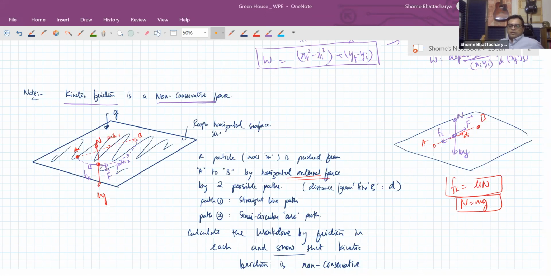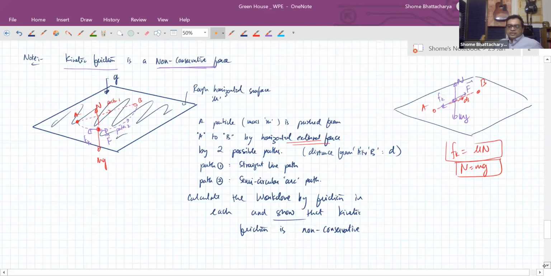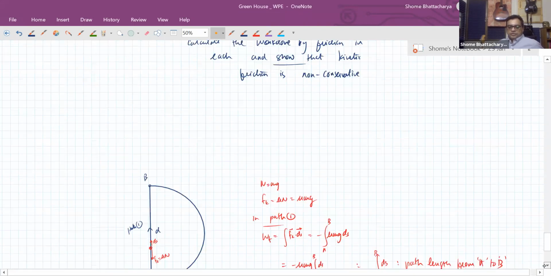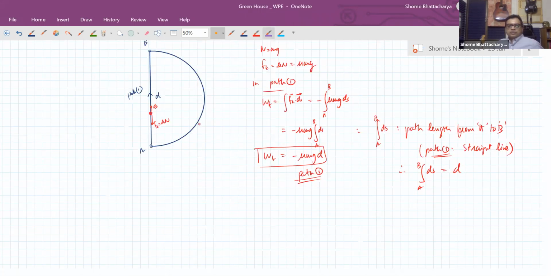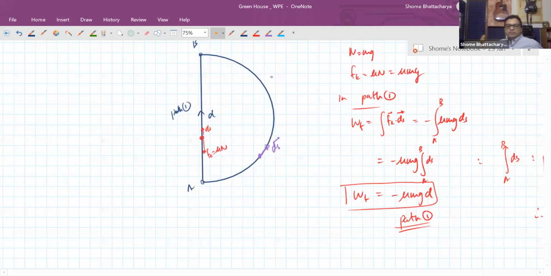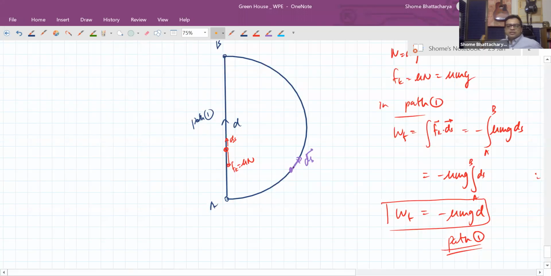Okay. Now let's come to the second path, which is the curved path. Now see, when you're going along the curved path, let's say at some point of time like this, your displacement is in this direction. Your differential displacement is in this sort of direction. So at that point of time, the friction acting on the particle will be like this.